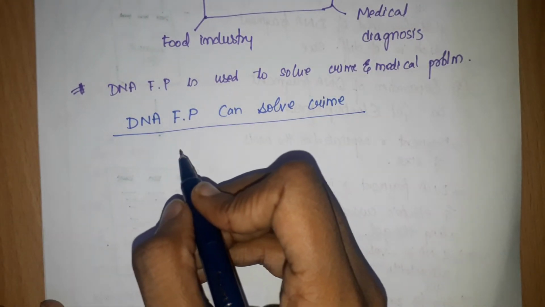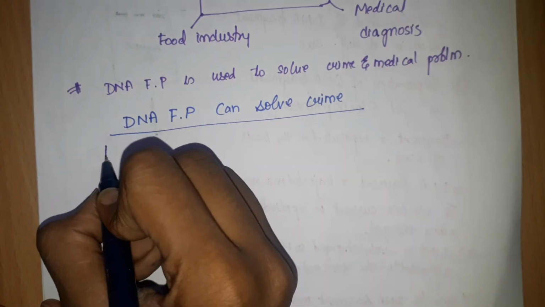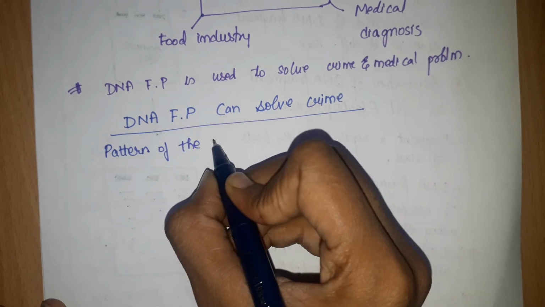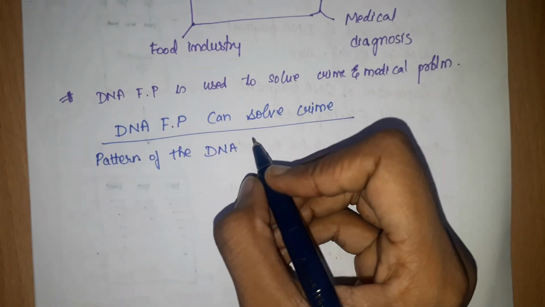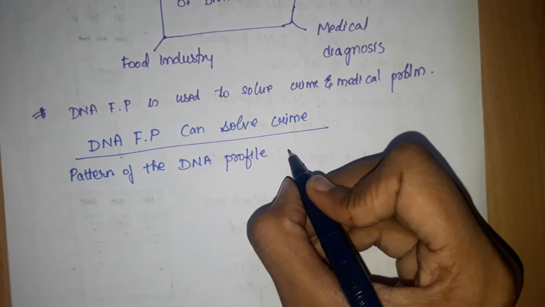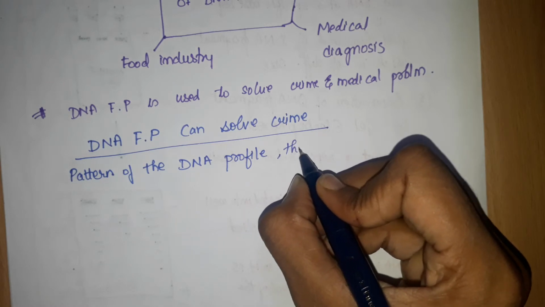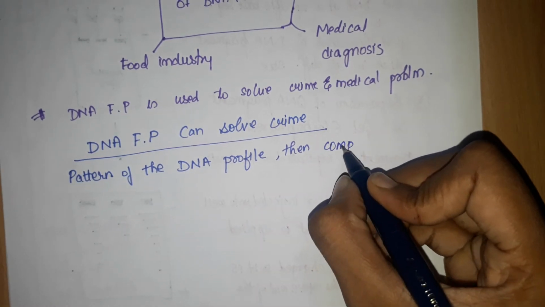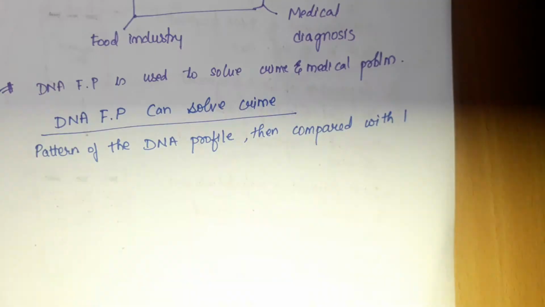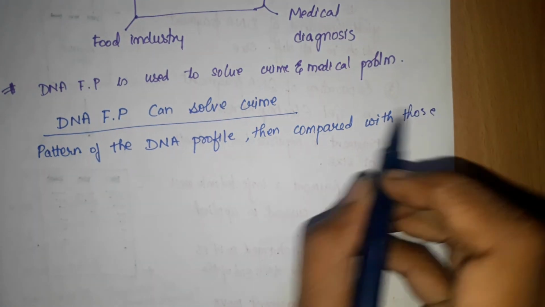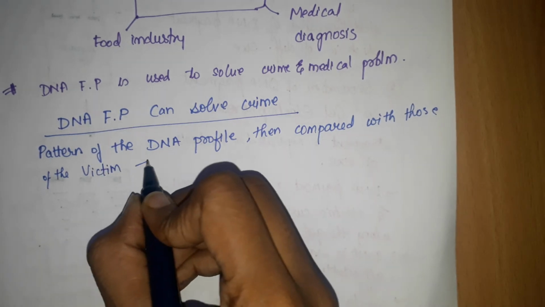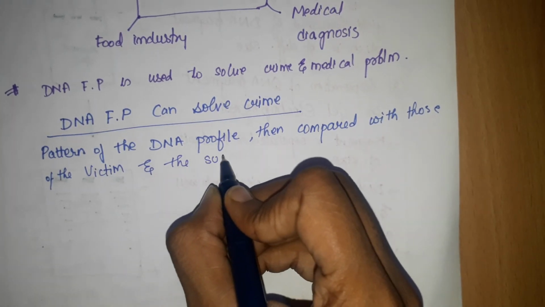They analyze. After the analysis, first of all, they get the pattern of a DNA profile, which is then compared with those of the victim and the suspect.